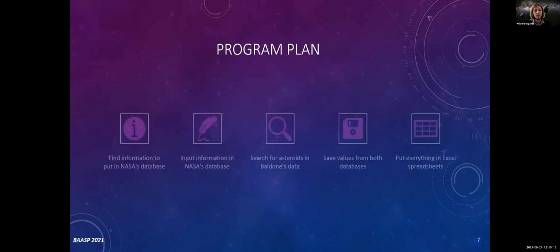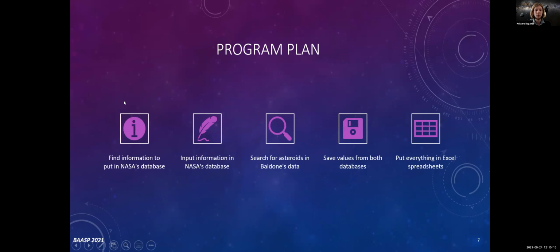To make a program, to make an automatization of this process, I need a plan. So from the manual search, I can understand that first I need to find the information to put in the NASA database. I have to make the program which can input the information, which can then search for these output asteroids in the Baldone data.